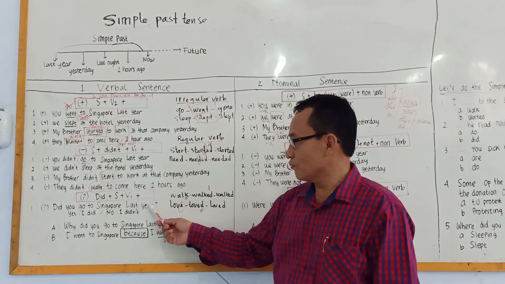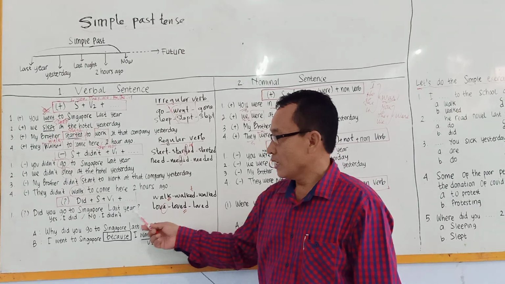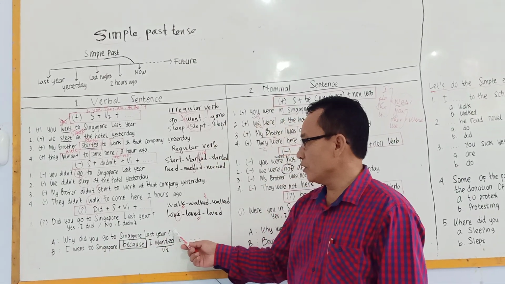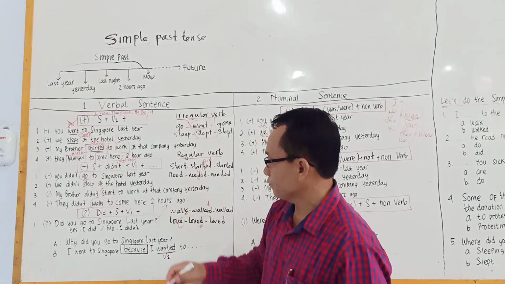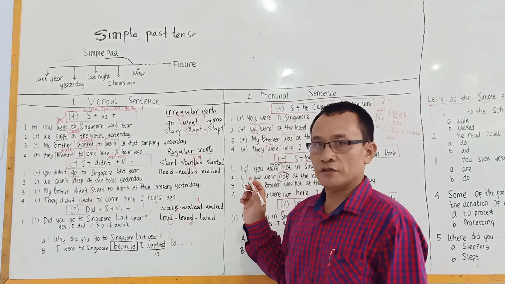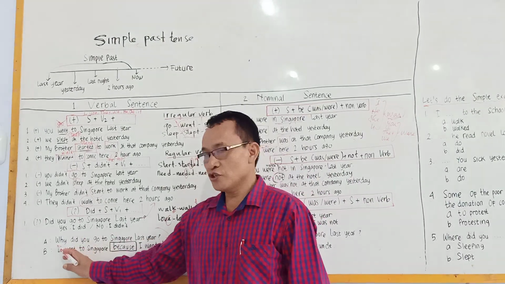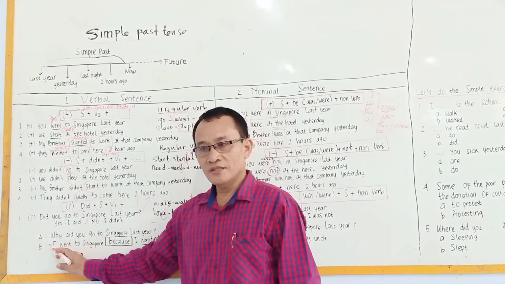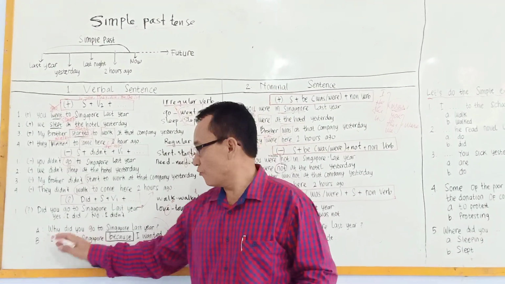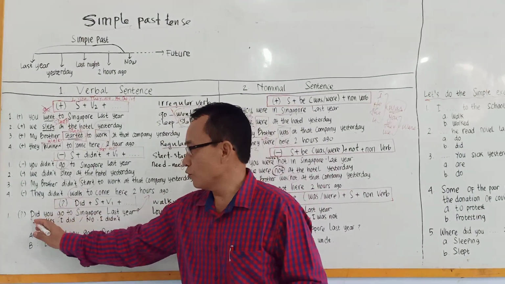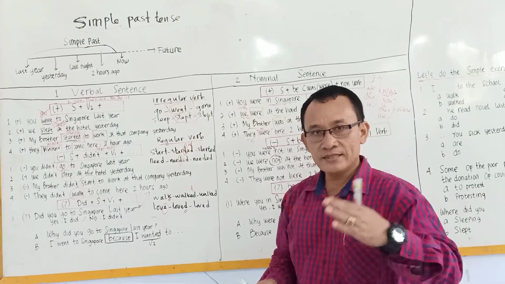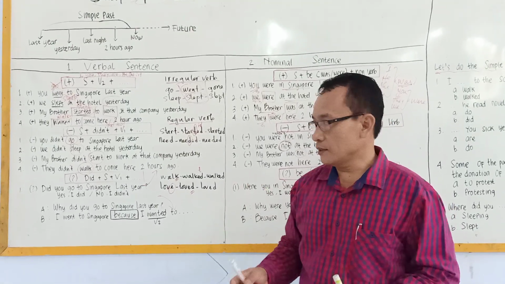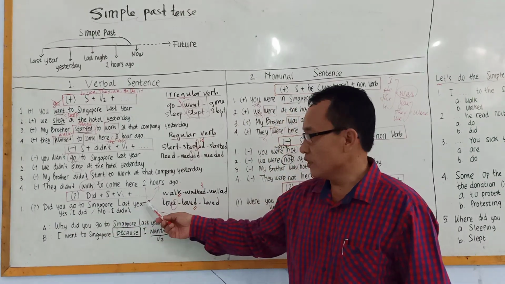How did you go to Singapore last year? Here, the yes/no question has rising intonation, but the WH question has falling intonation. Okay? Let's compare the intonation. Did you go to Singapore last year?